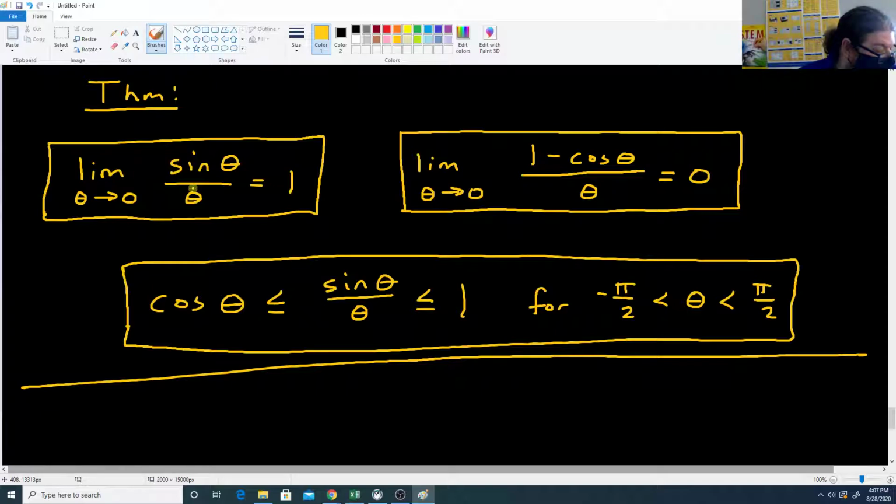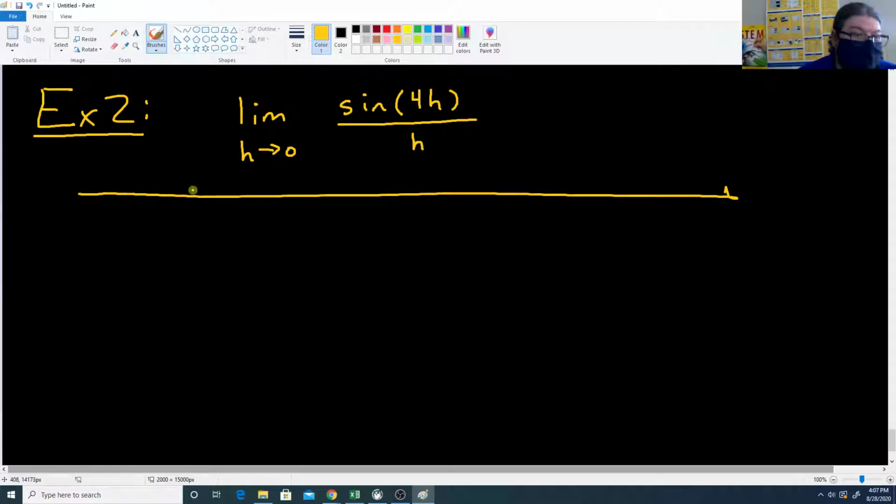So basically we've got to get a 4h down here. First of all, the limit as h approaches 0, I'll write it out this way.